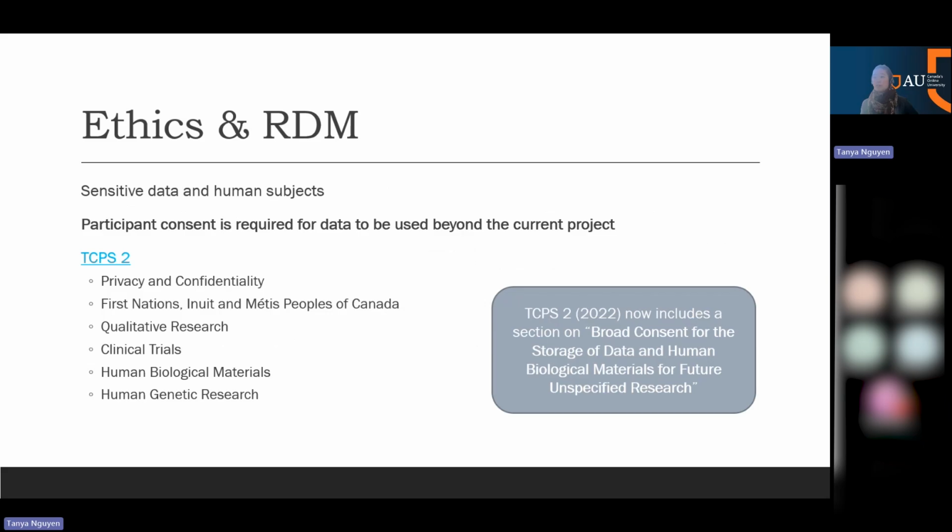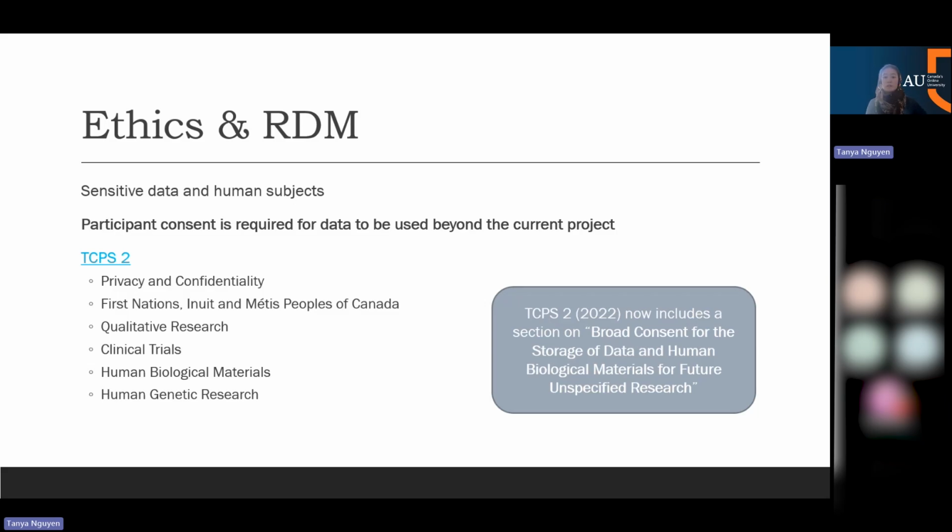So, ethics and RDM. If you want to or are required to share your data, you should plan this from the beginning. If you have human participants, they should be notified and consent to data being released. This is typically done on a consent form when participants consent to participate in your study.